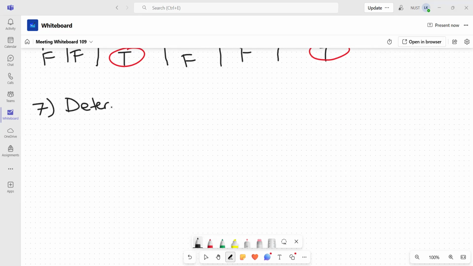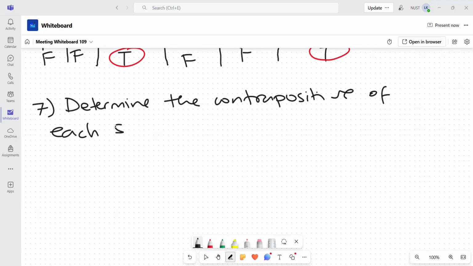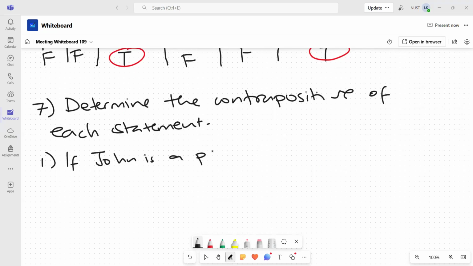To determine the contrapositive of each statement. So the first one says, if John is a poet, then he is poor.